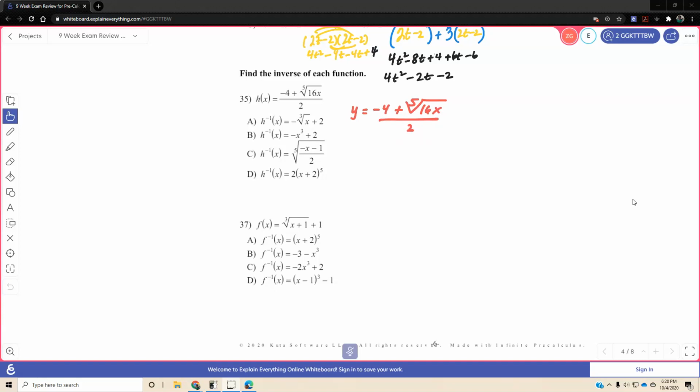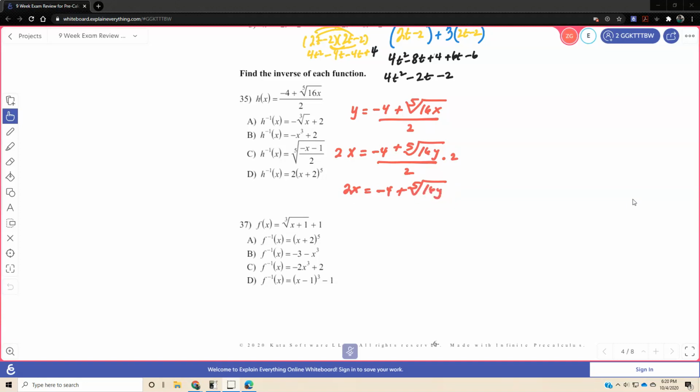If you're going to find the inverse, you got to switch the x and the y, so you have x equals negative 4 plus the fifth root of 16y over 2. And since you're solving for y, you first have to multiply both sides by 2. So you have 2x equals negative 4 plus the fifth root of 16y.